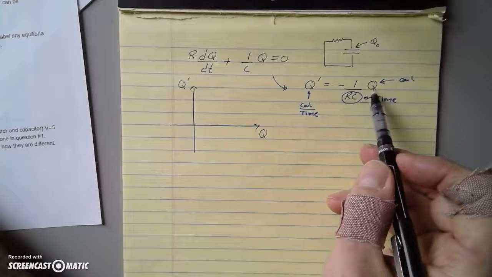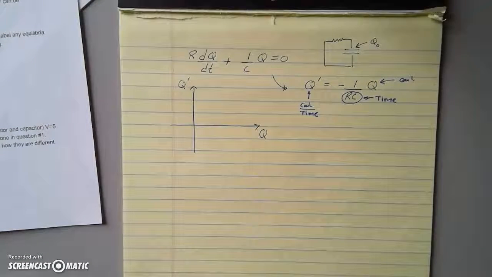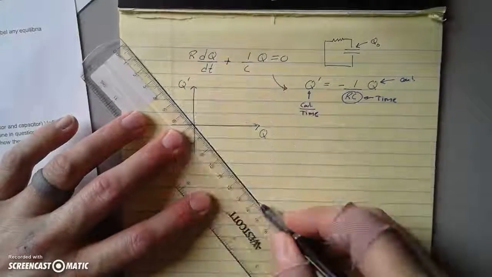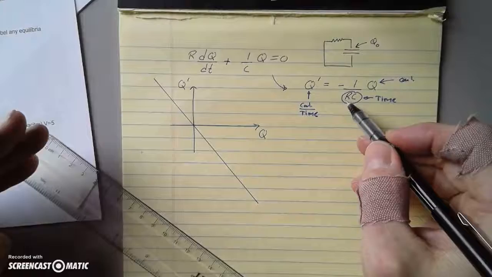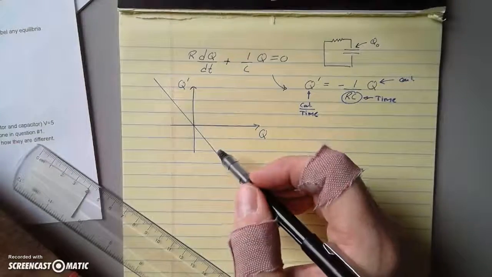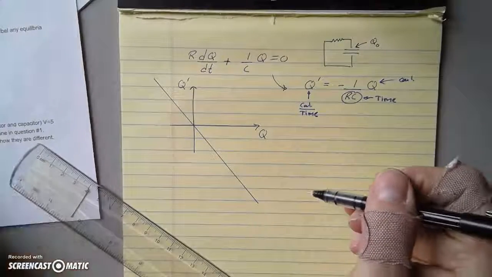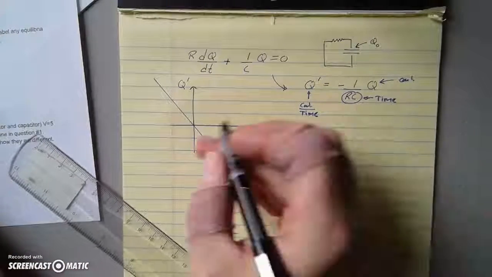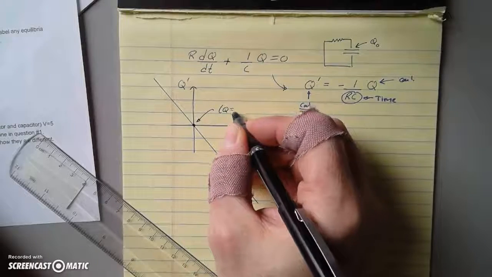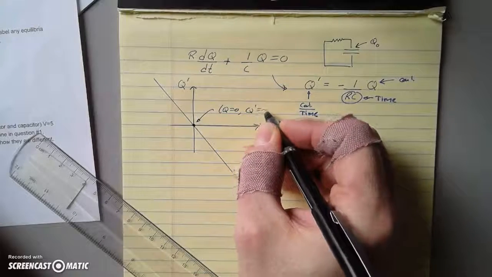So in any case, this is a very simple line. It goes through the origin with some pitch. The slope is it drops 1 for every RC you go over. The equilibrium is here at Q equals 0, Q prime equals 0.